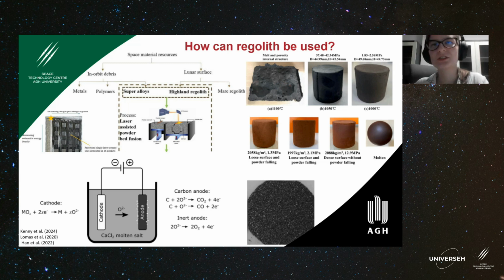And some researchers also reproduced such regolith structures with success. And there are ideas on composites using regolith and superalloys.